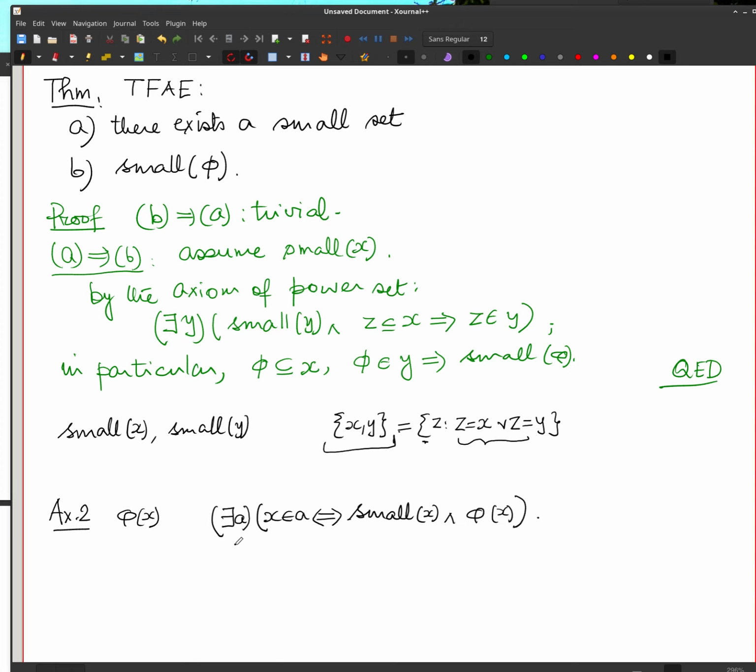See, it did not say anything about this A. The smallness criterion of A is still not said.